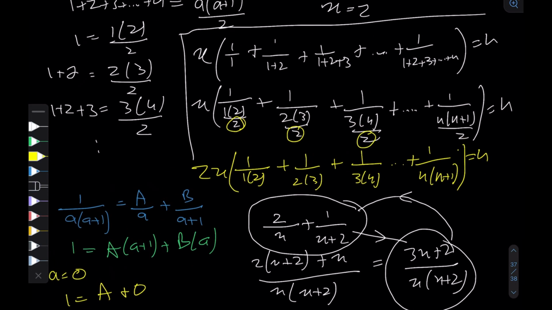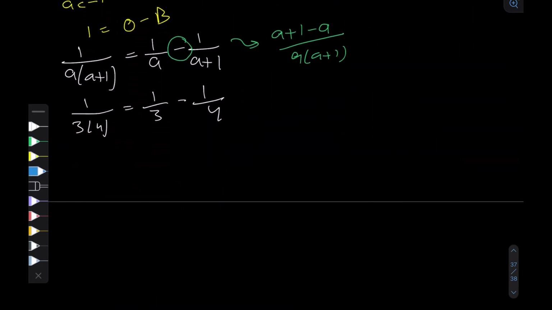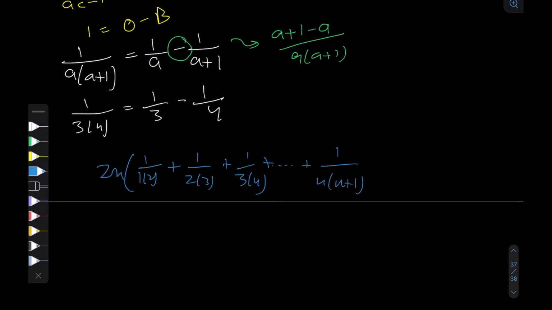So let me copy this down here. 2x multiplied with 1 over 1 multiplied with 2 plus 1 over 2 multiplied with 3, 1 over 3 multiplied with 4, and all the way to 1 over n multiplied with n plus 1, and this should equal n. So we can split these up into 1 over 1 minus 1 over 2, right?